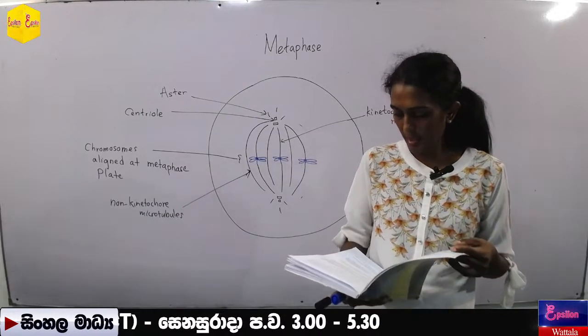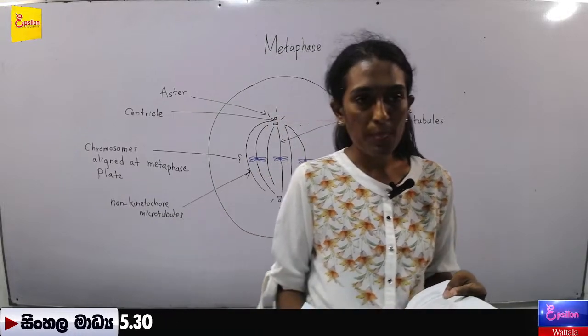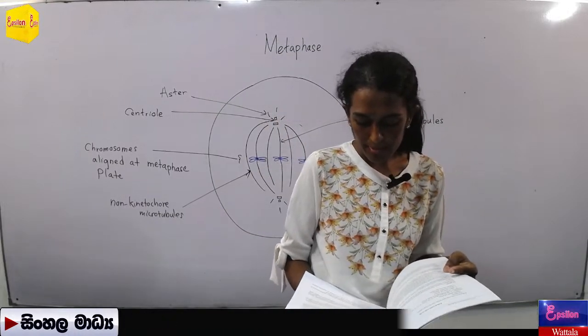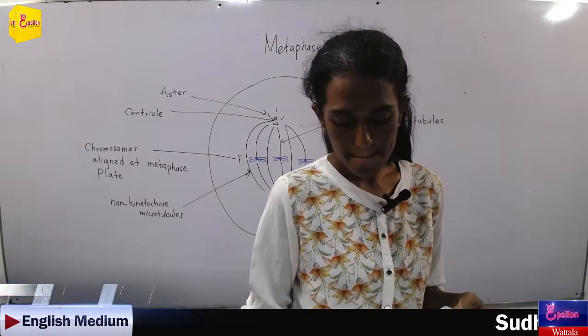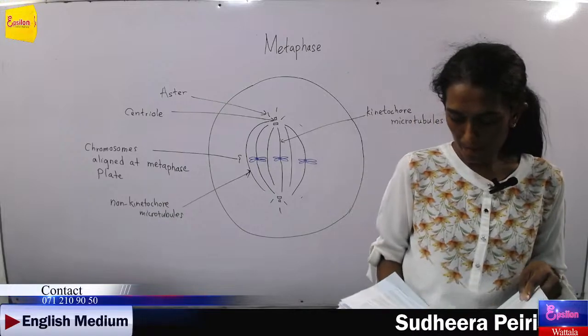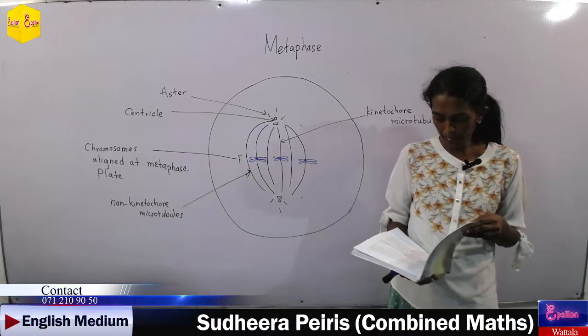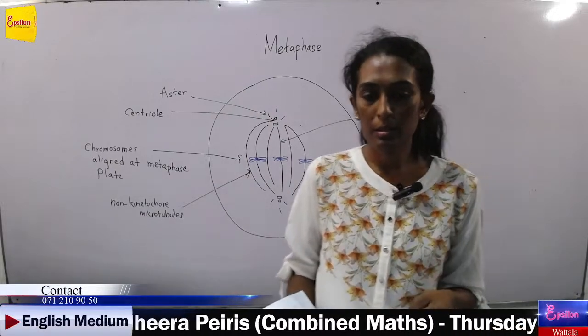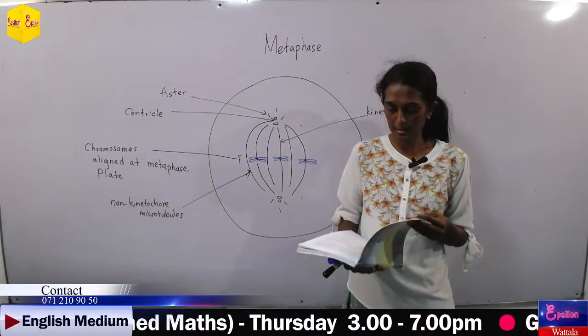Next one, the centromeres of all chromosomes are located in the metaphase plate.